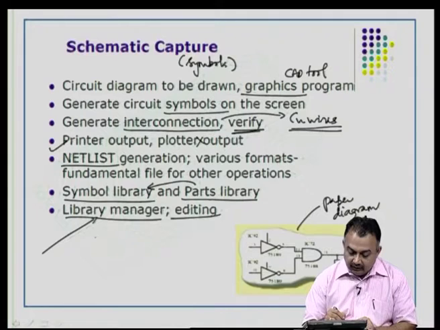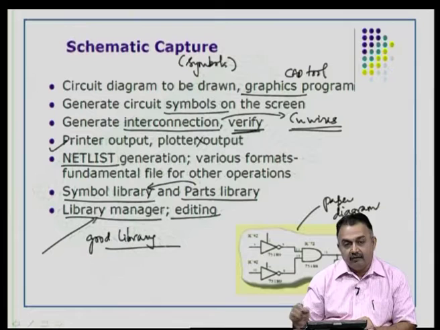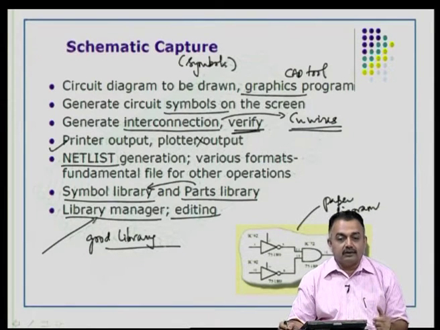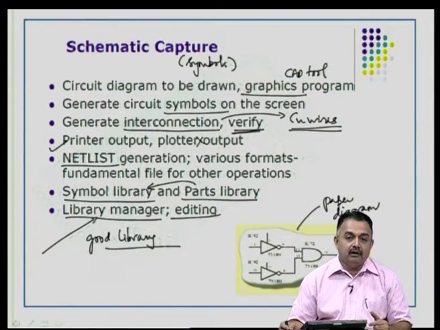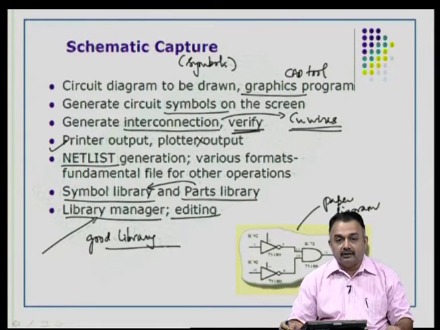Okay. So, make sure that when you buy a software, you have a very good library. This is a must, because you are paying a large amount of money for this particular source of information where you can pick these symbols and start working with your design.